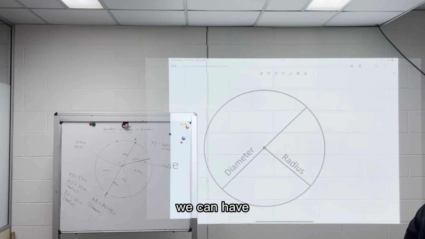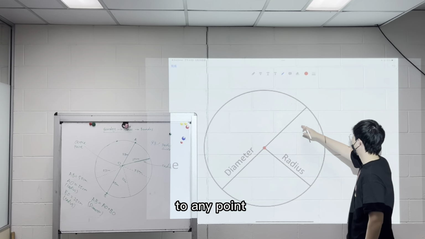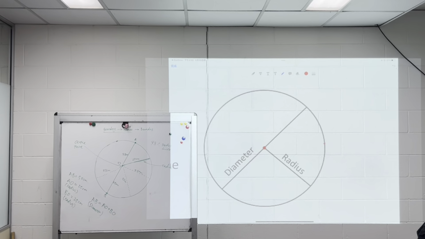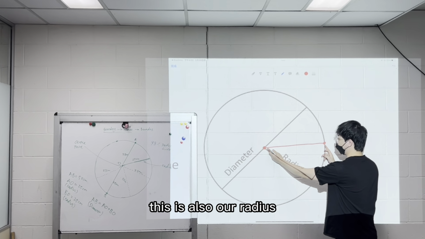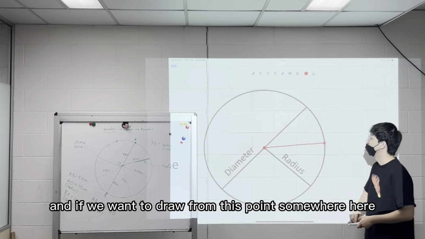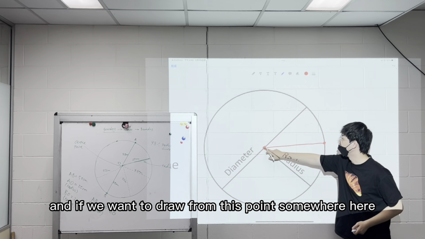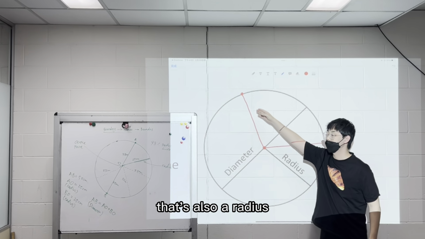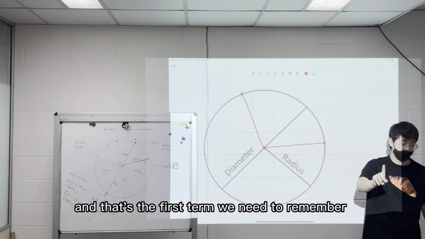For example, we can have the center point to any point, for example, here. Draw a straight line. This is also a radius. And if you want to draw from the center to somewhere here, that's also a radius.